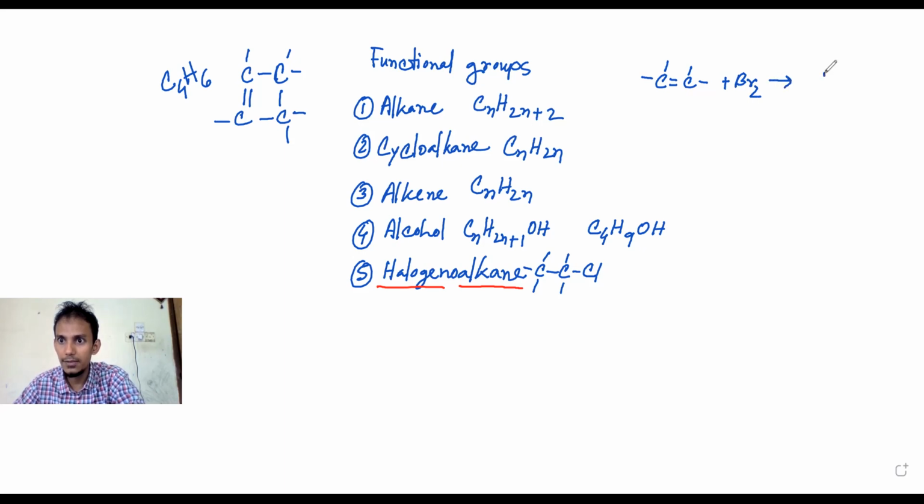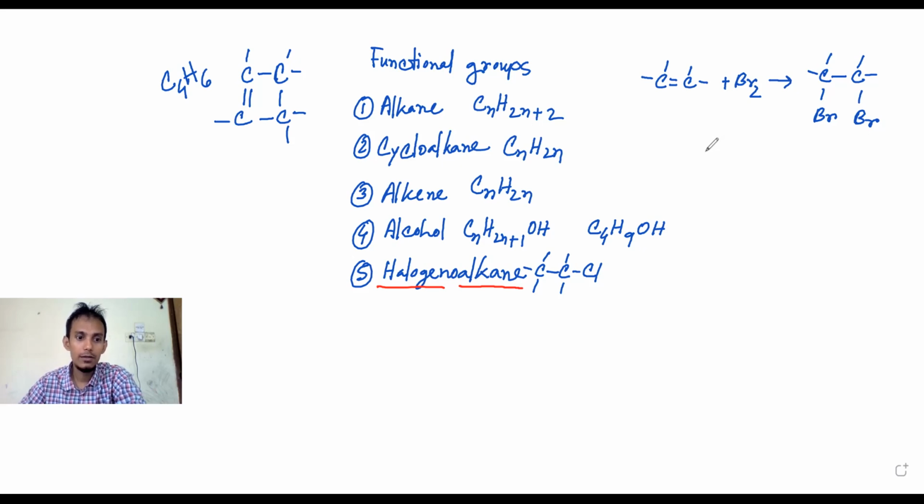What type of reaction is this? I'm writing. What type of reaction is this? Is it photochemical reaction? Yes, photochemical reaction. But alkene undergoes what type of reaction? It's a test for alkene, if you can remember. Bromine water test.